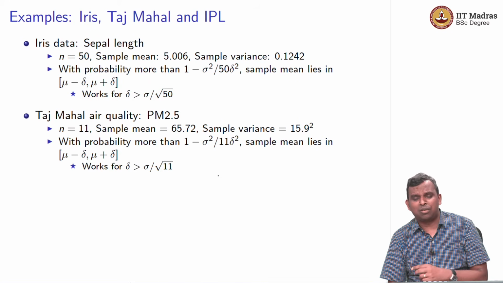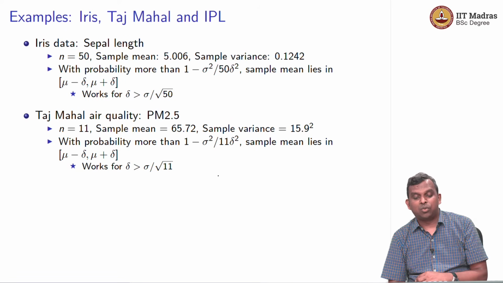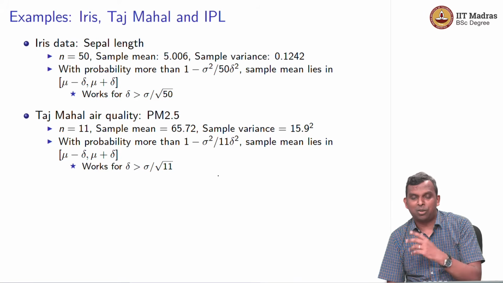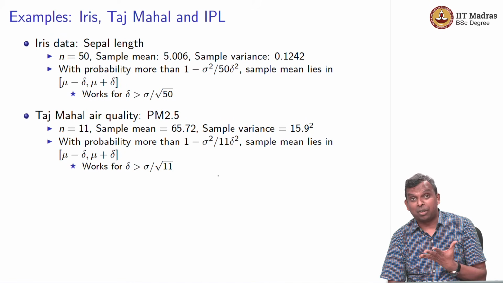Root 11 is something like 3 point something, and sigma is maybe around 15 based on the sample variance. So 15 by 3, you're already looking at a delta of 5, right?